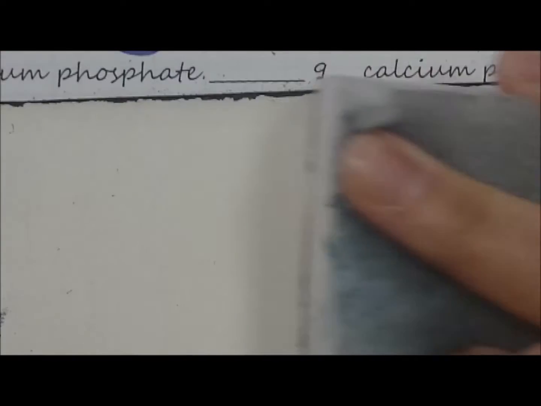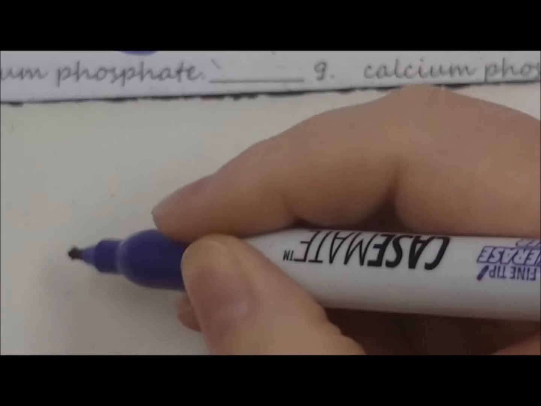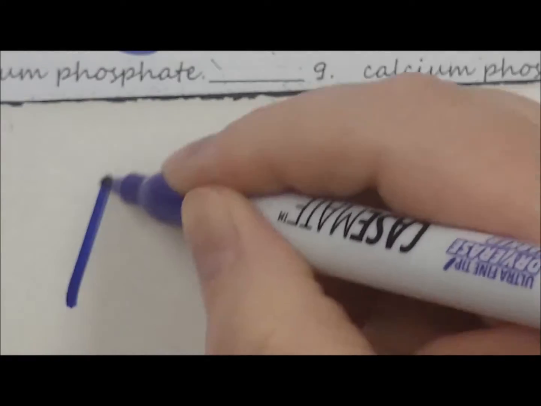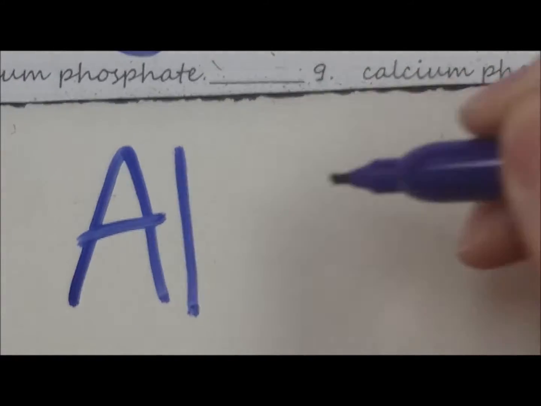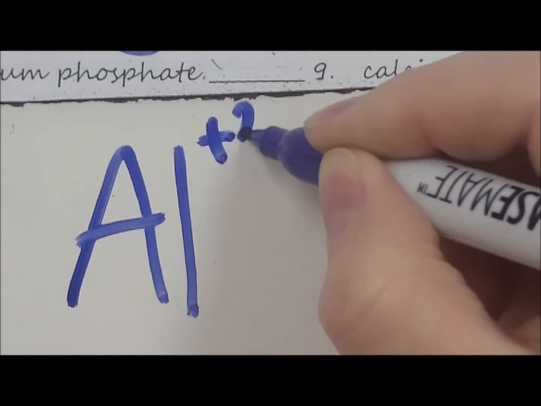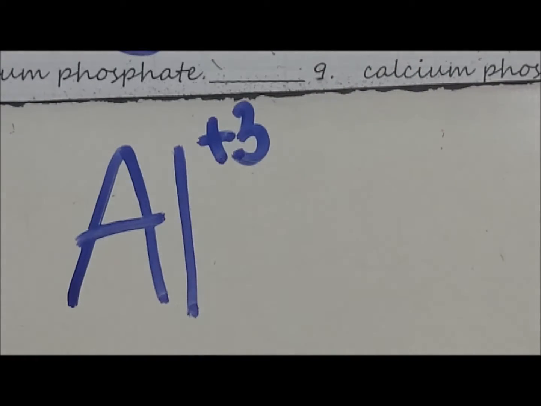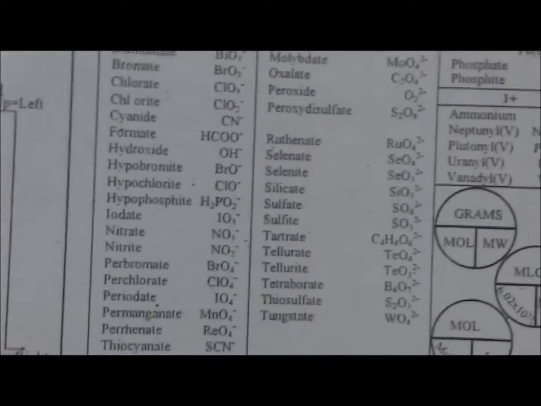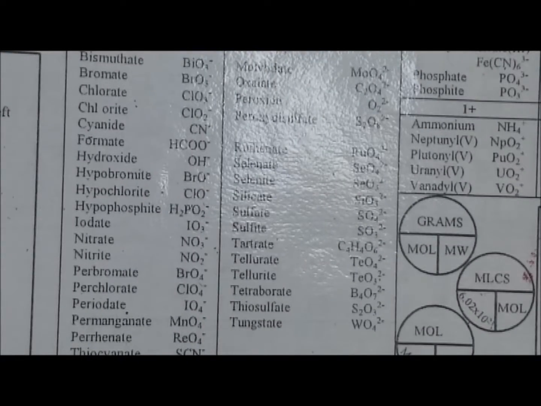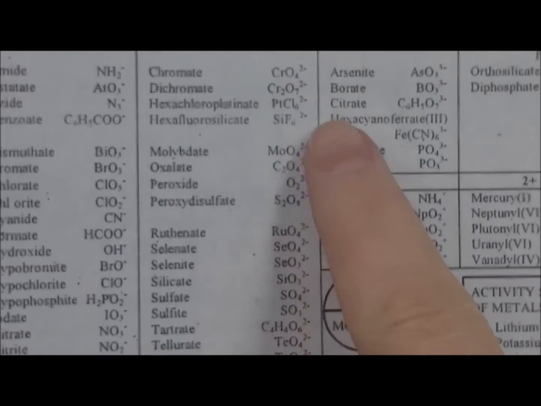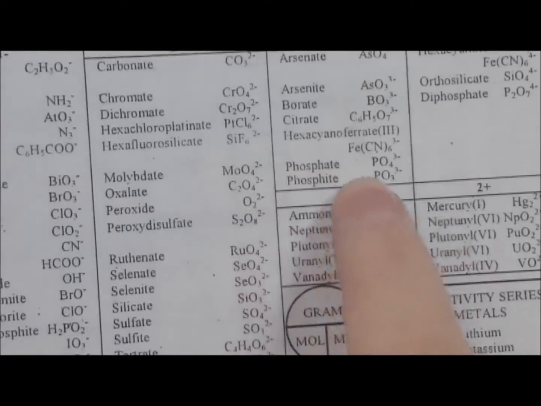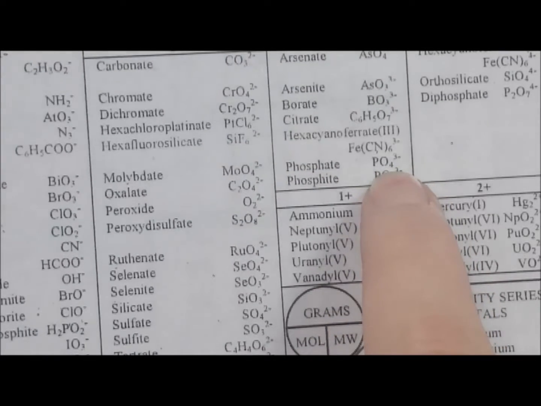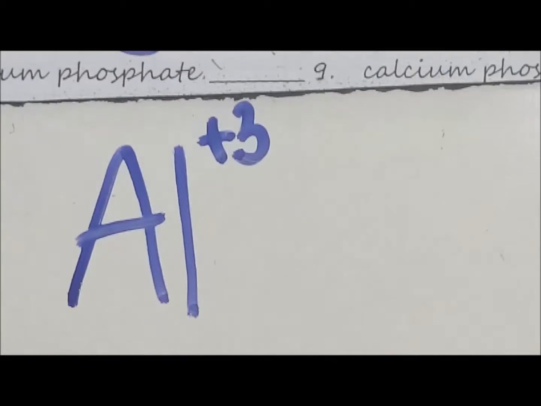The next one is aluminum phosphate. So we are going to do aluminum, and I know that is +3. And then phosphate, we're going to look it up. Again, just look down each column until you find phosphate. They're in alphabetical order. It's right here. Phosphate is PO4 with a -3 charge.